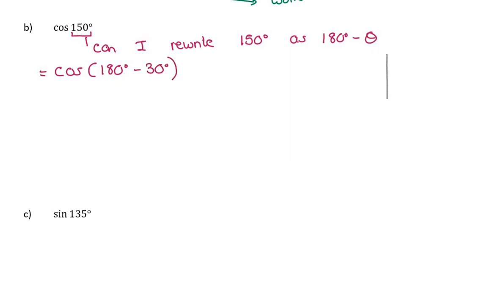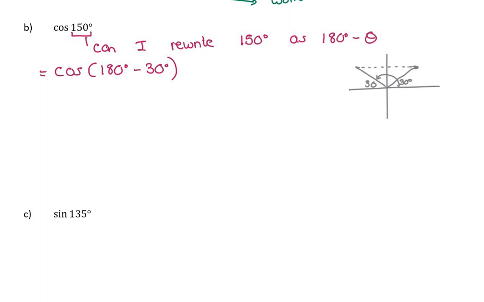So if I draw myself a little picture, which you really don't have to, 150 degrees would be there. 30 degrees would be there. So this angle of 150 could have been originally created by an angle of 30 that got folded over. So this cos of 180 minus 30 is going to be related to cos of 30, because that's how it was created.